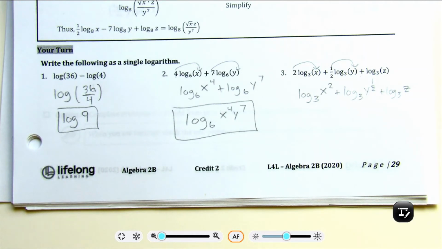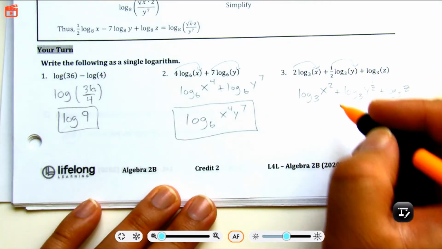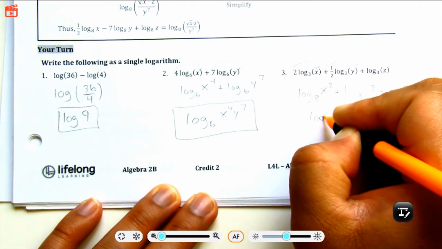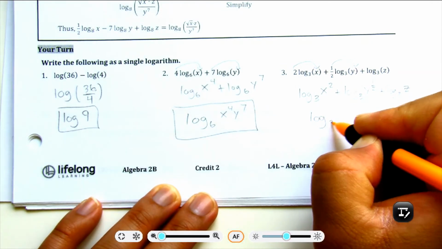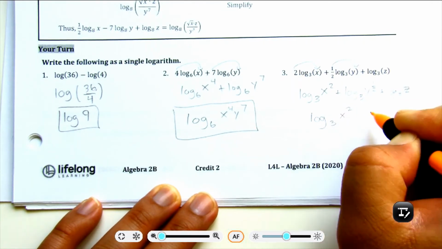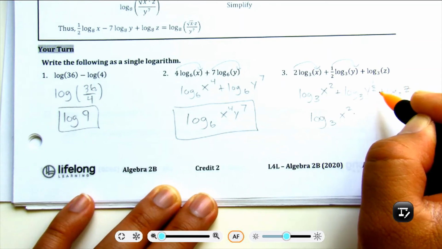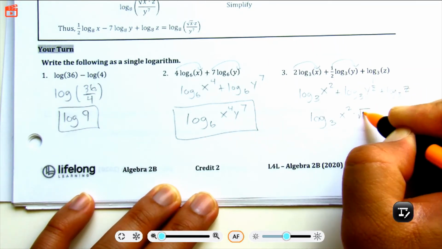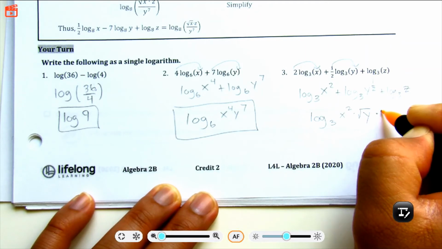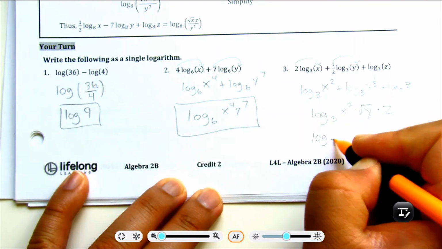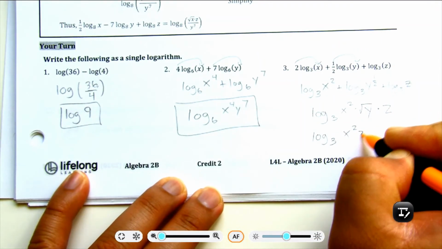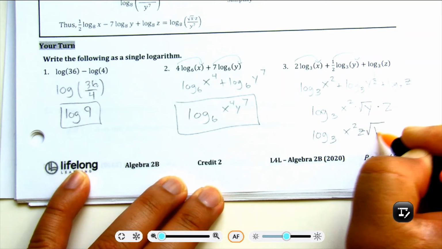Then what we're going to do is combine these together. So we're going to have log 3 x squared times, now y to the 1/2 is the same as the square root of y, and then times z. And I could easily clean this up as log 3 x squared z square root of y. And that would be your solution.